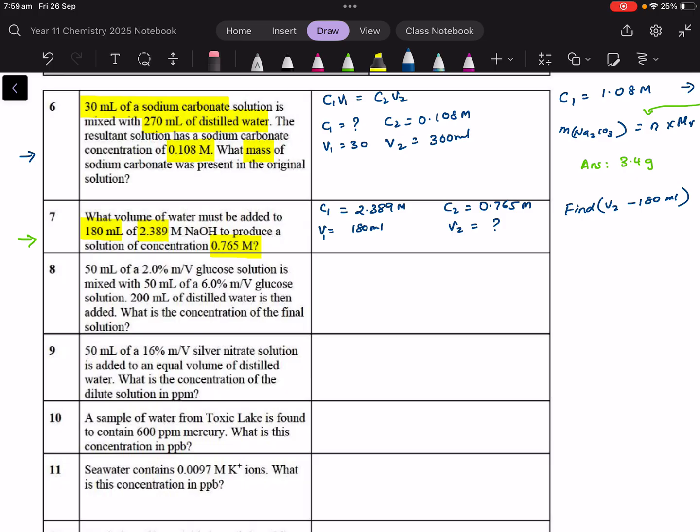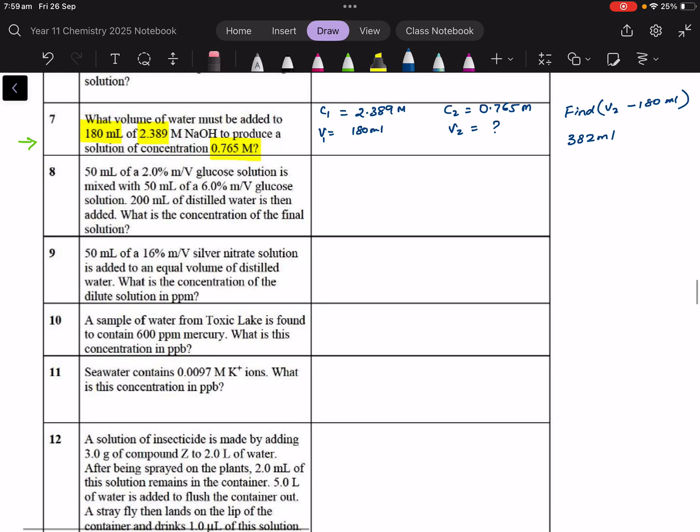All right. The answer that you should get here, let me just work that out, should be around 382 milliliters.